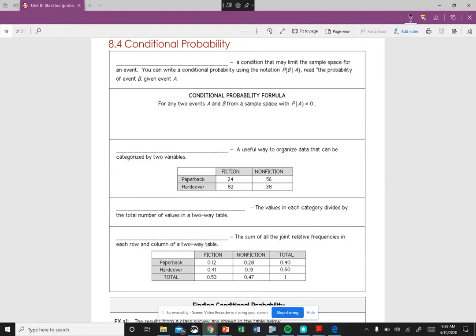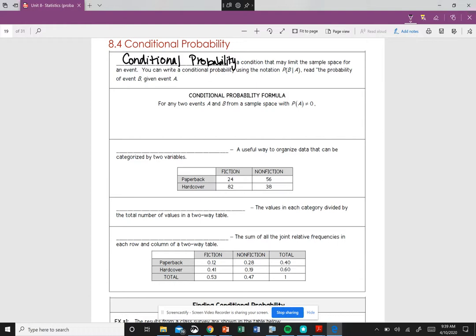All right. So a conditional probability is a condition that may limit the sample space for an event. You can write a conditional probability using the notation of P, and then in parentheses B, then a line A, and then parentheses.